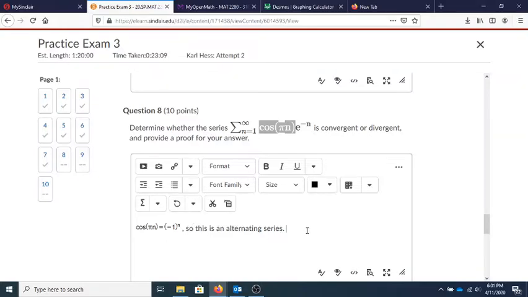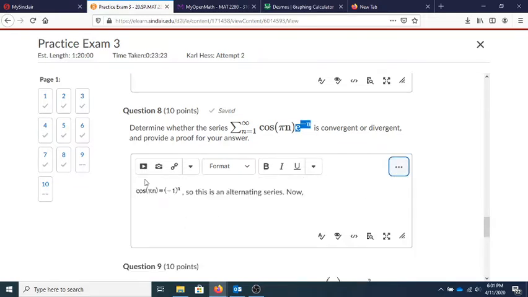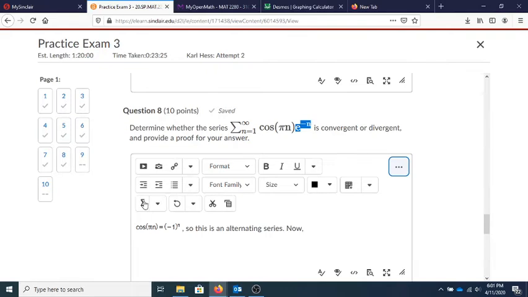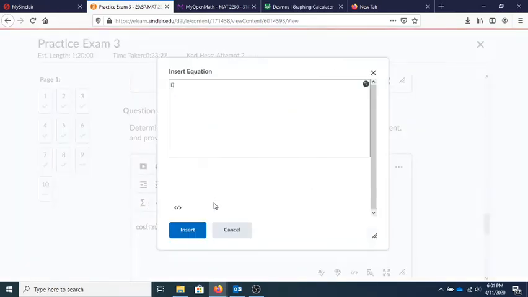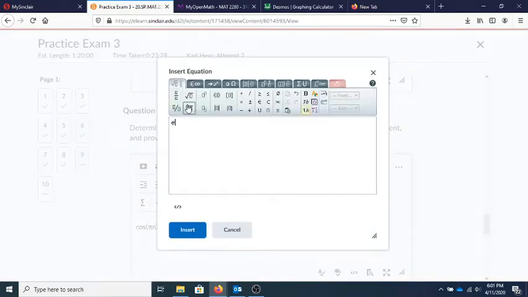Okay, now if it's an alternating series, then I can focus on the rest of the term. I can ignore the part that's really negative 1 to a power and focus in on this e to the negative n. So let me see, e to the negative n, well, of course that's really 1 over e to the n.